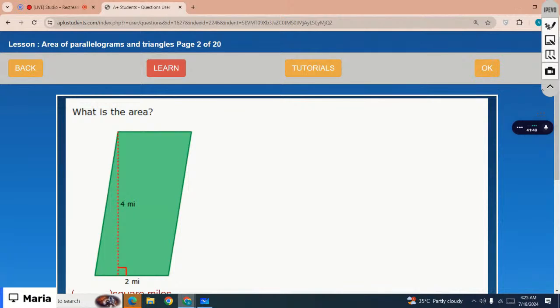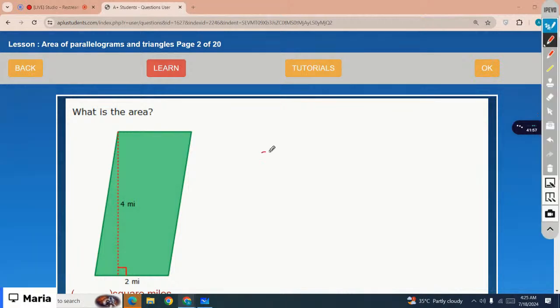You have to do base times height, right? That is the parallelogram. And whenever you have to calculate the area of a parallelogram, you have to do base times height, right? 2 times 4. So the area of this parallelogram is 8 square miles.